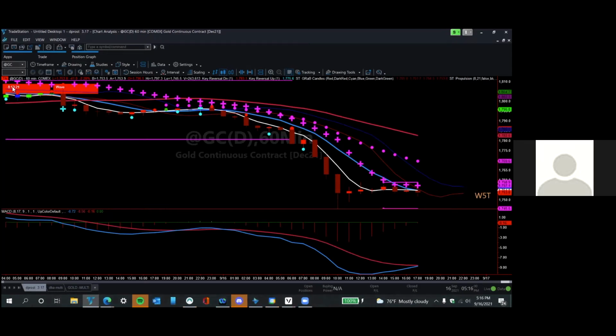You had the parabolic SARs on top, your 4 and your 8-day moving average crossed, and your 34-day moving average crossed. And so did your MACD, as you see here, crossed a long time ago. And believe it or not, gold was down pretty close to about $40 a share today. It's unbelievable. So if you were short gold, you would have made a lot of money.